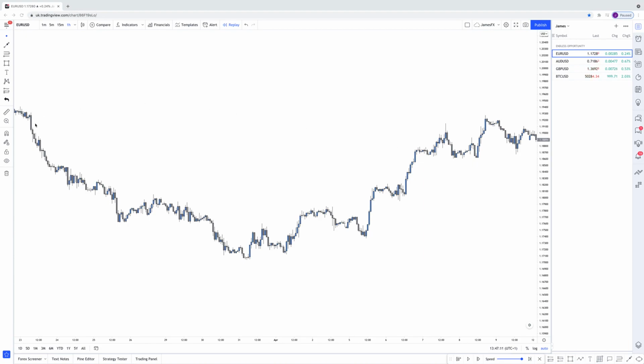So if we start on this side here, what we can see is price has pushed down, and we had a counter trend candle, an inside bar here. But if we're looking at the swing points, you can see this is one leg down, and the next most visible pullback would be here, and then price puts in a new lower low.